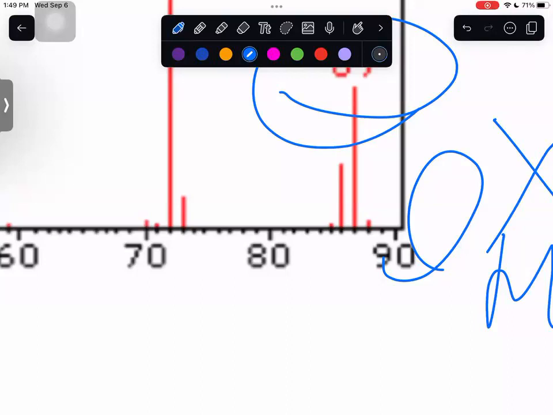Technically it would still be M plus 1, but for the position, it could also be considered M plus 2. So don't worry about it. You're not going to get a question like that. It's not going to be that tricky.